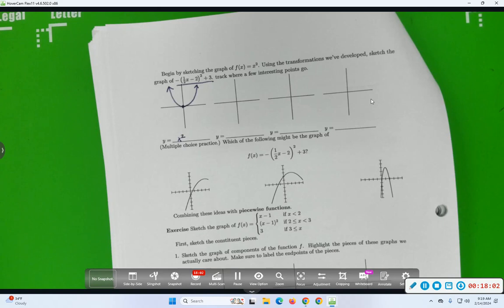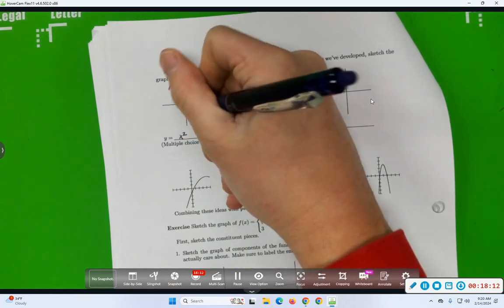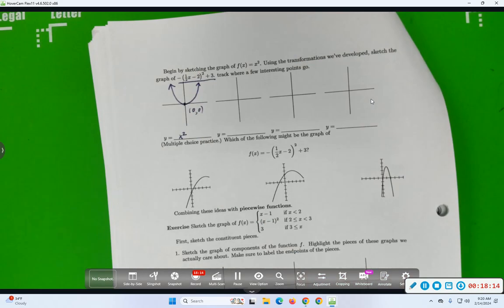So, what points count as interesting? The origin. Yeah, the origin counts as interesting. Intercepts are generally worth tracking. And that's also a weird point, a special point. We'll have a special name for that point on parabolas, maybe next time, called the vertex.